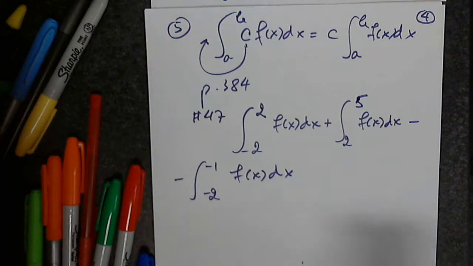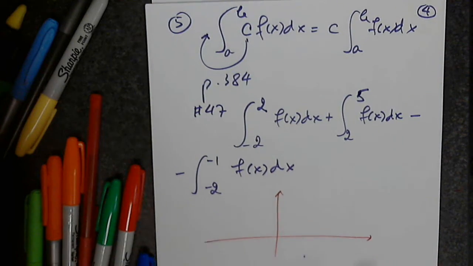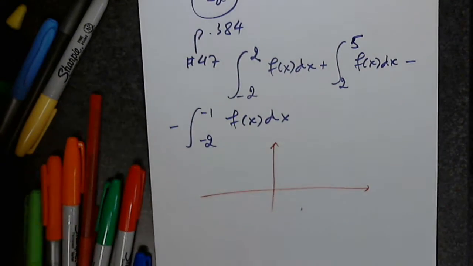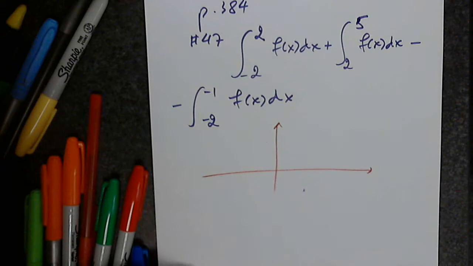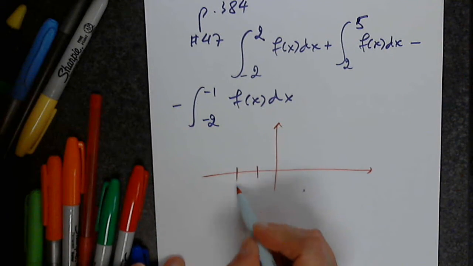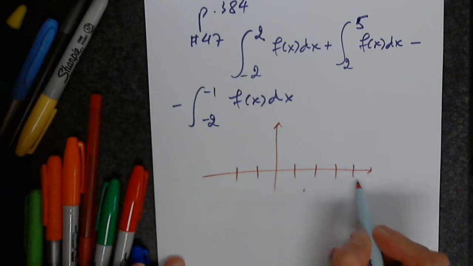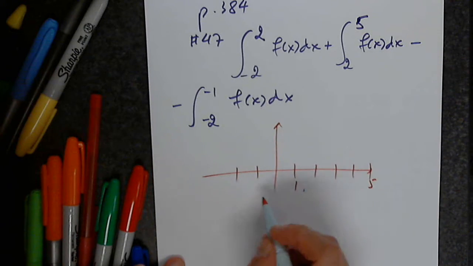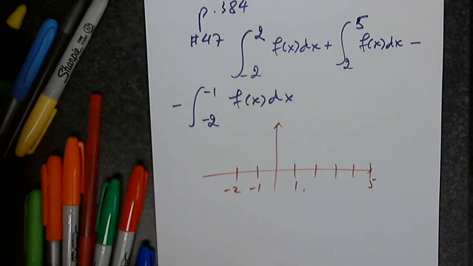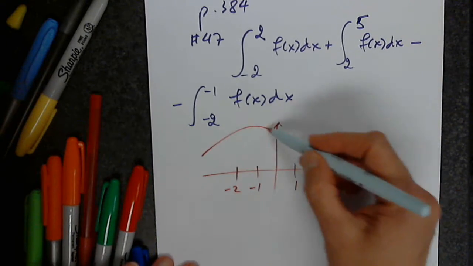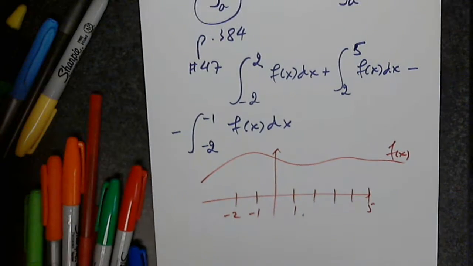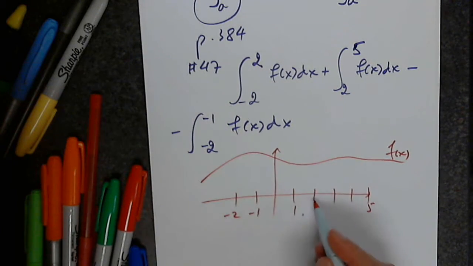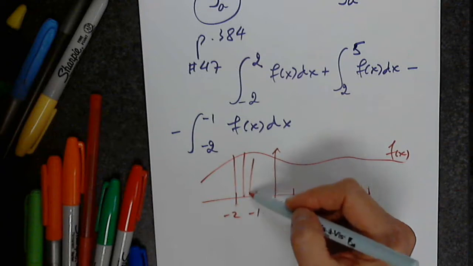So we're looking at a function that is definitely continuous, otherwise we don't even discuss it. Continuous on the interval, so there is -2, -1, 1, 2, 3, 4, 5. So here's the function, f of x. The integral from -2 to 2 is this area.